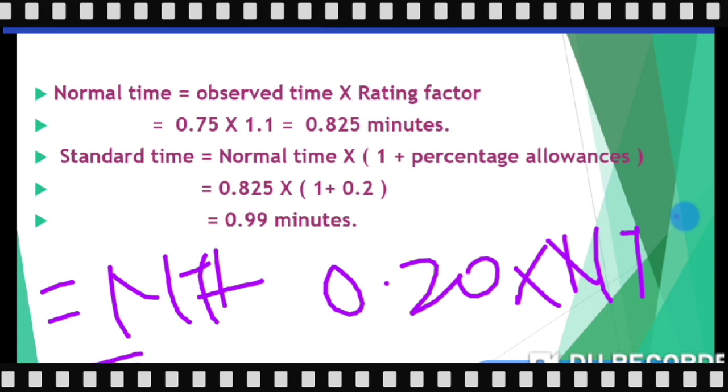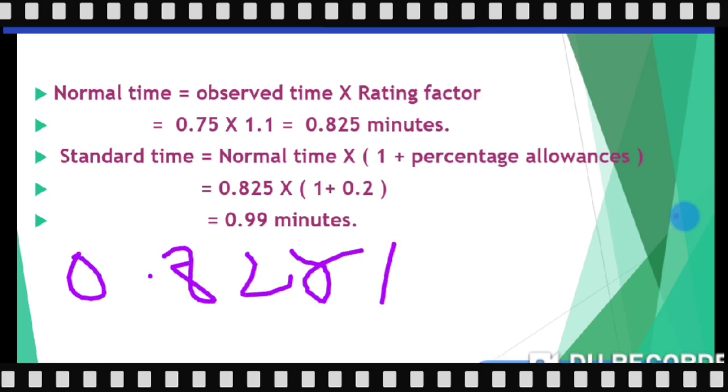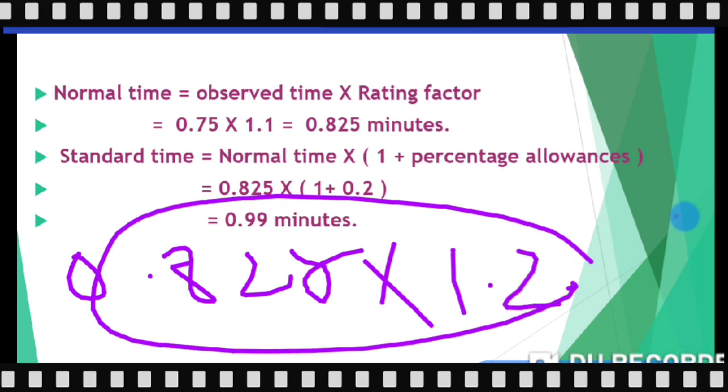Or you can take normal time common outside, so it will be normal time into 1 plus 0.2. It will be 0.825 into 1.2. We multiply these two and then we will get 0.99 minutes. So this will be the standard time.